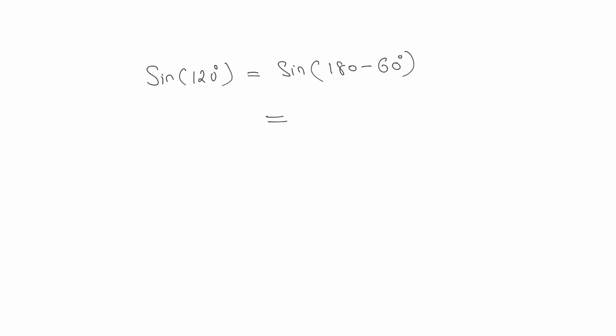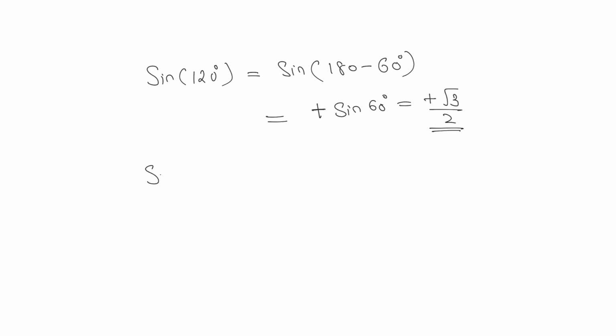This is in the second quadrant, and in the second quadrant sine theta is a positive value, so sine 120 will be positive, and since we are taking 180 minus theta, it is going to be sine theta only, so this will be equal to plus sine 60, and we know the value of sine 60, which is root 3 by 2, so the final answer will be equal to plus root 3 by 2.